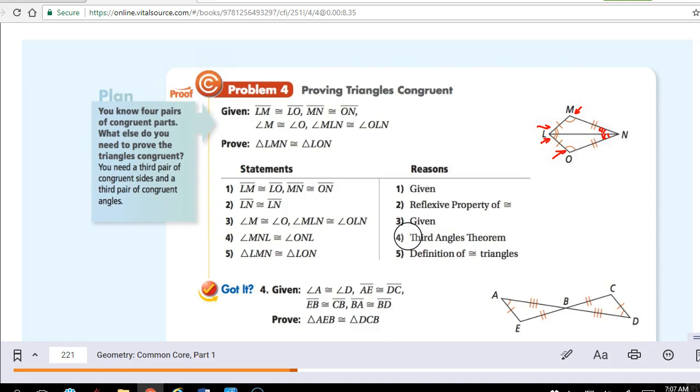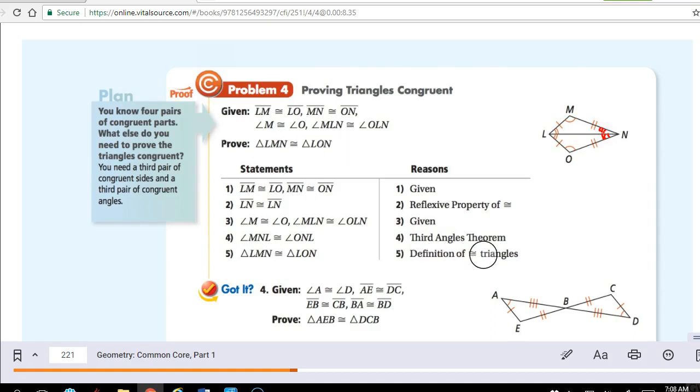That's called the third angle theorem. Now you can say that triangle LMN, which is what you were trying to prove, is congruent to triangle LON.